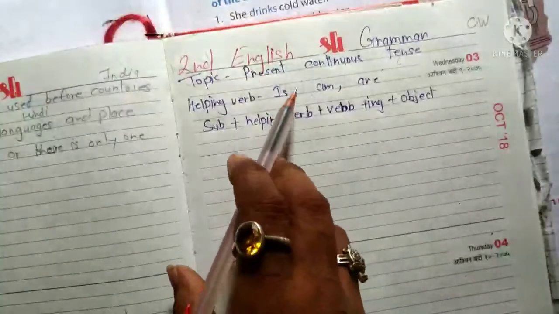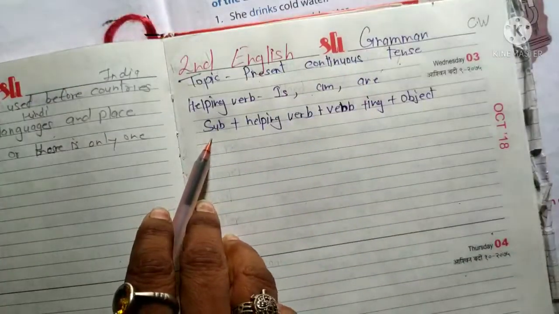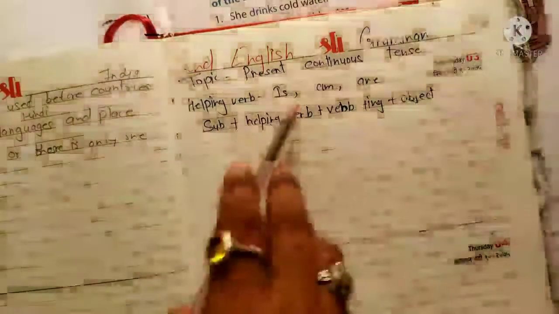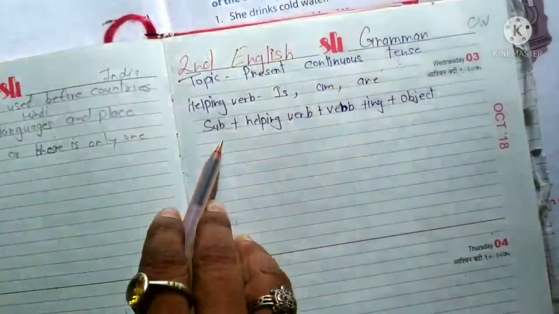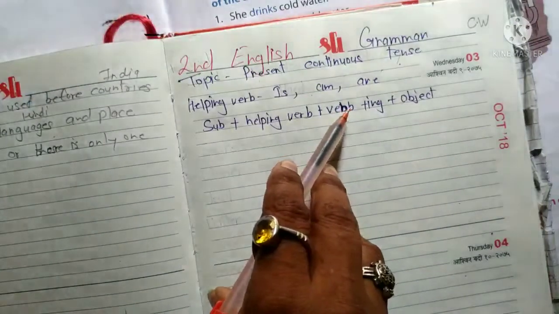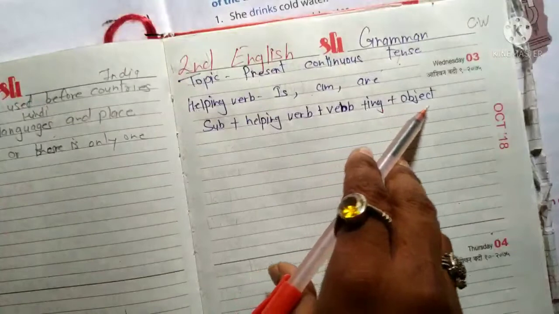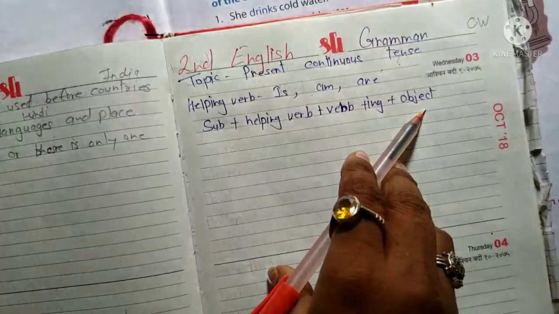Means, first of all, in this sentence of present continuous tense, we will put subject, then helping verb according to our subject, then our main verb, and in our main verb we will add ing, then we put our object.